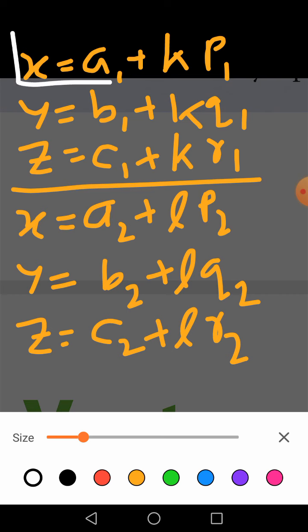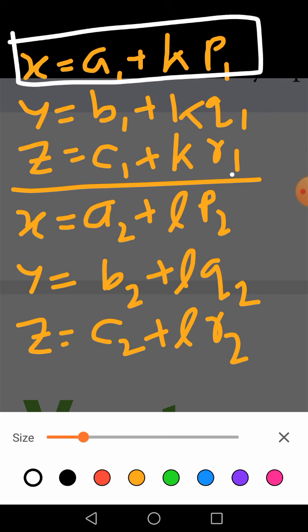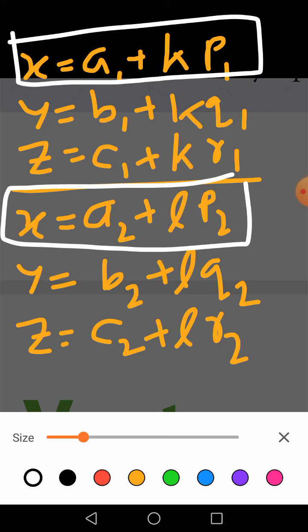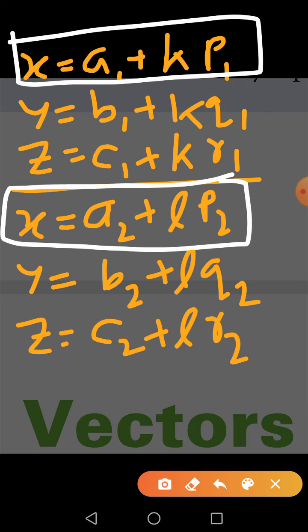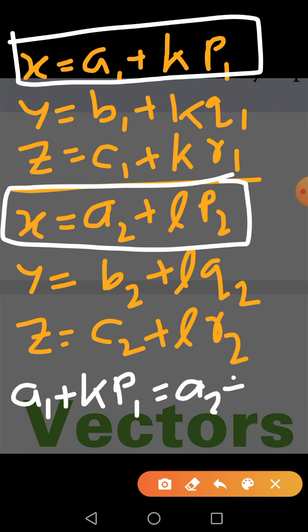So, this is the equation of x. Now, this is also an equation of x, isn't it? So, can we write a1 plus k p1 must be equal to a2 plus l p2?